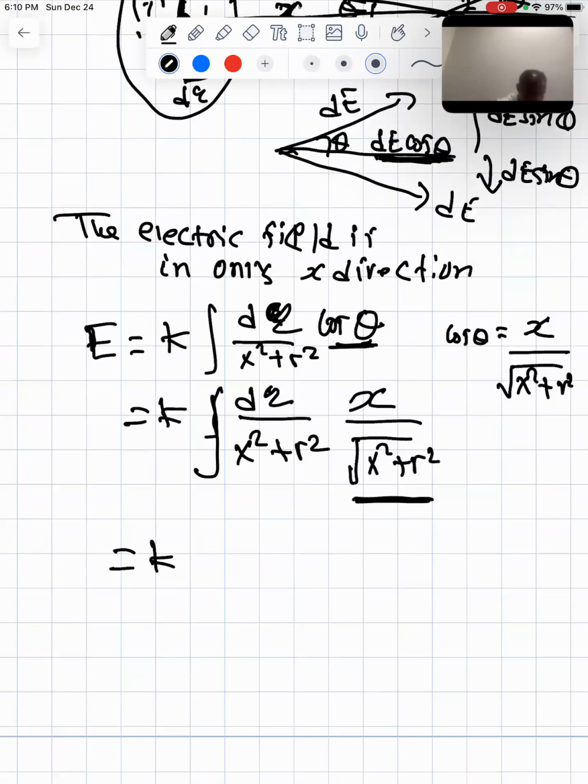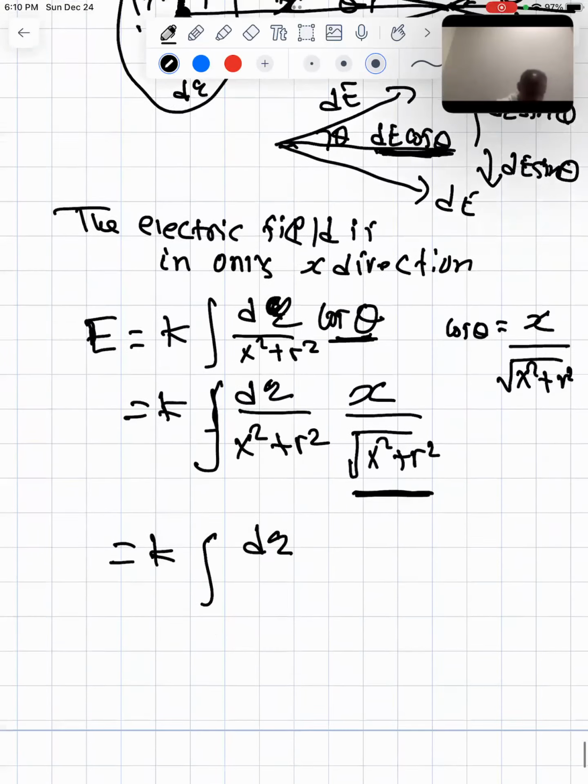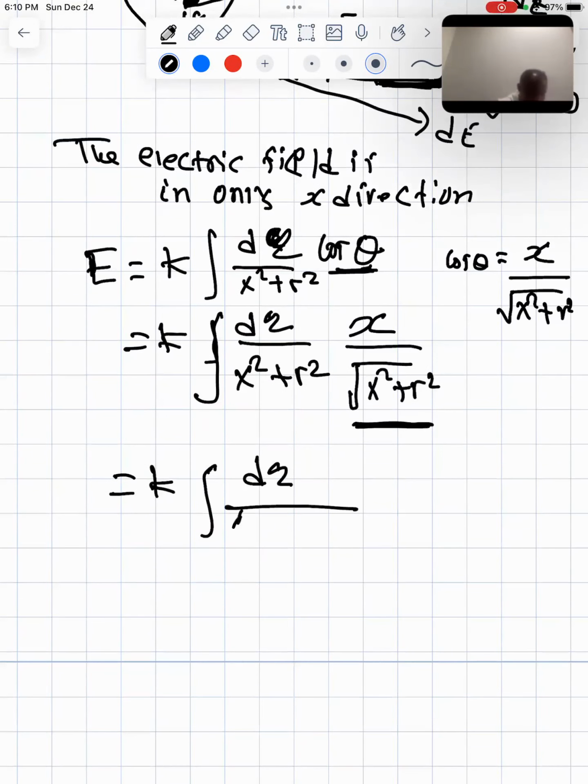So it's going to be k. Now, x is a constant, so you can take it out if you like, because x doesn't vary; x is the distance from here to here. And then from simple algebra, it's going to be x over x squared plus r squared to the power of 3 over 2. Now, in principle, you are done, but life's not simple like that, because this integral is difficult. So what kind of system is that?